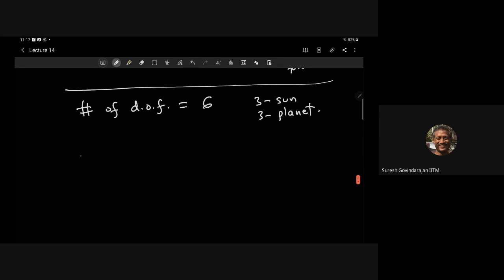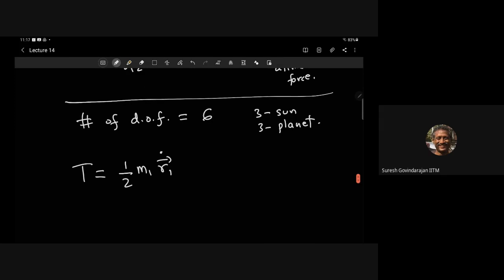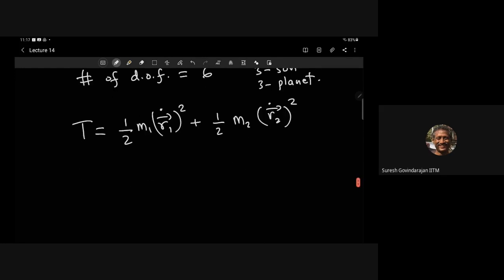So the kinetic energy will be half m1 r1 dot square plus half m2 r2 dot square, and the potential energy would be minus K upon r12, where K is G Newton m1 m2.